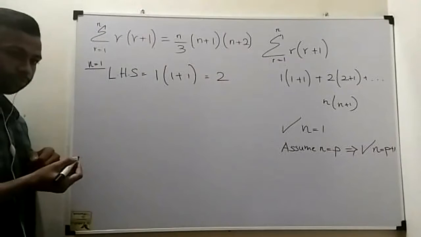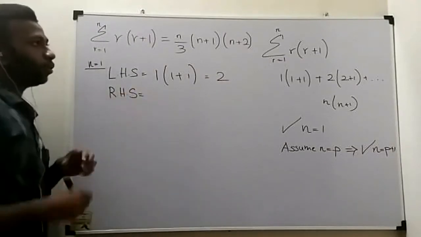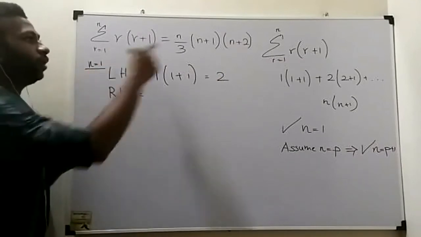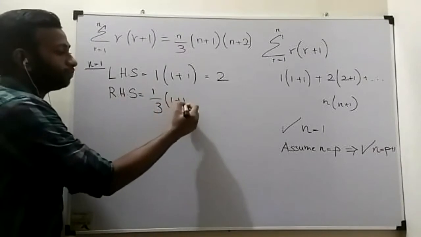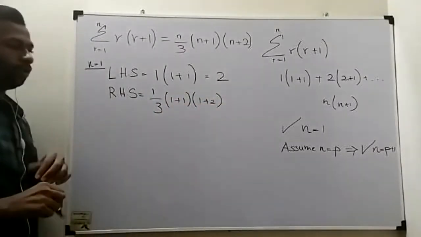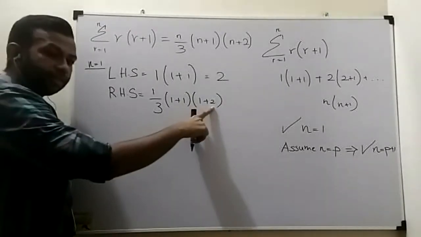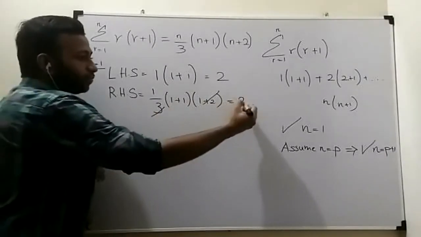Next, you look at the right hand side. So what is the right hand side? When n is equal to 1, the right hand side is 1 over 3 into 1 plus 1 into 1 plus 2. If you simplify this, 1 plus 2 is 3. You can cancel these 2. The answer would once again be 2.